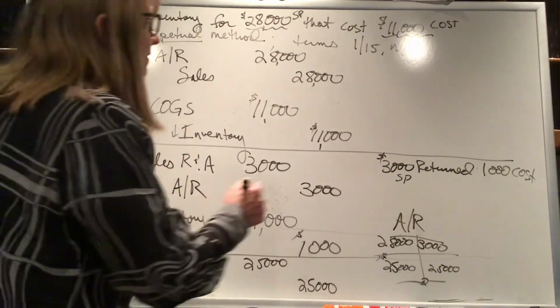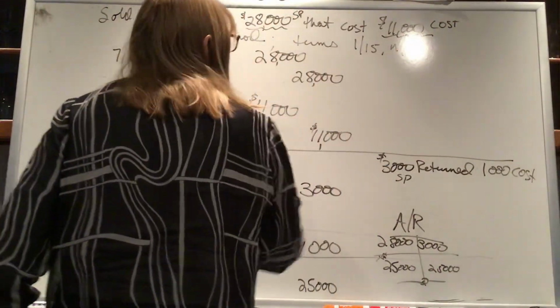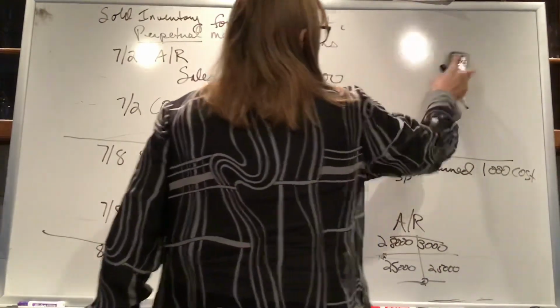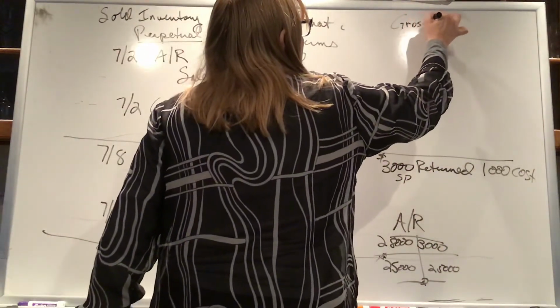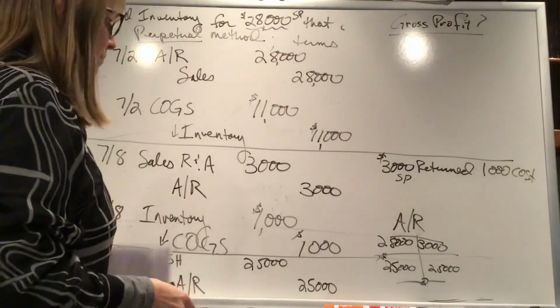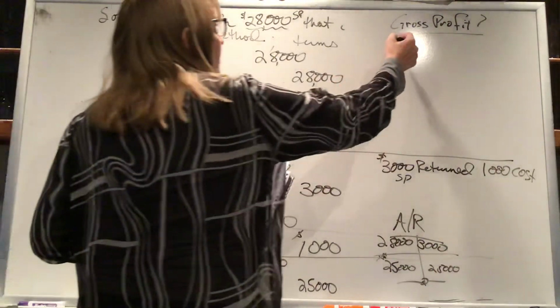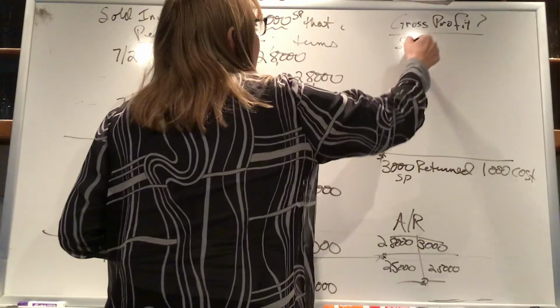Now, I do want to see, what if I asked you, what is our gross profit from this transaction? I might ask that on the test. What is our gross profit from these entries here? Okay, remember gross profit, if we start our income statement, we would take sales.